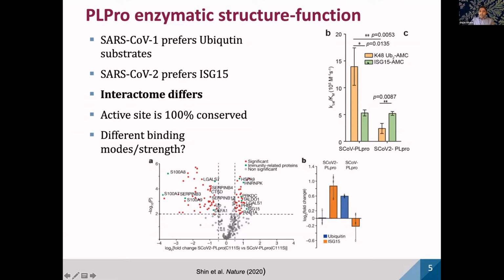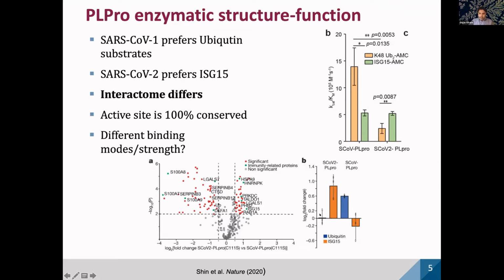Not only that, these authors went on to do pull down experiments to identify the interactome for both of these PLpro molecules, and they found that there are significant differences in what is pulled down, or what these PLpros are interacting with.